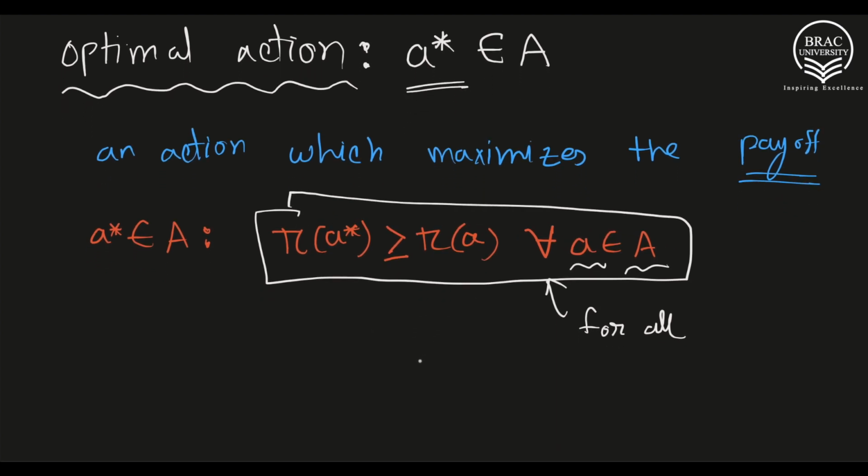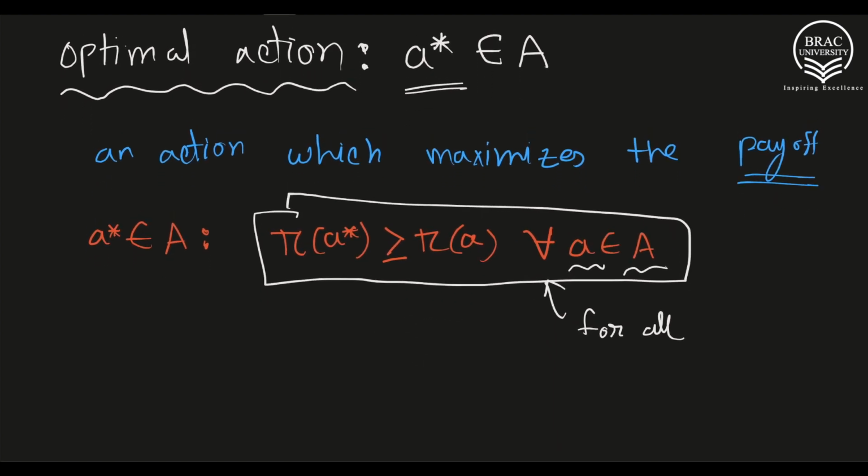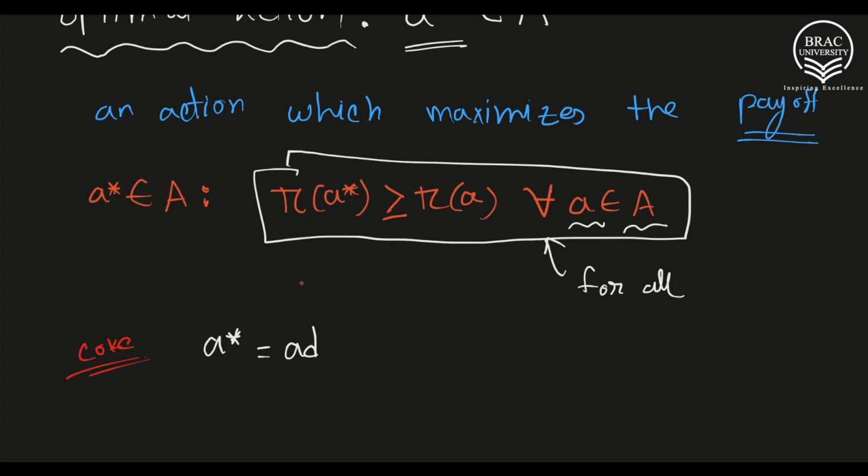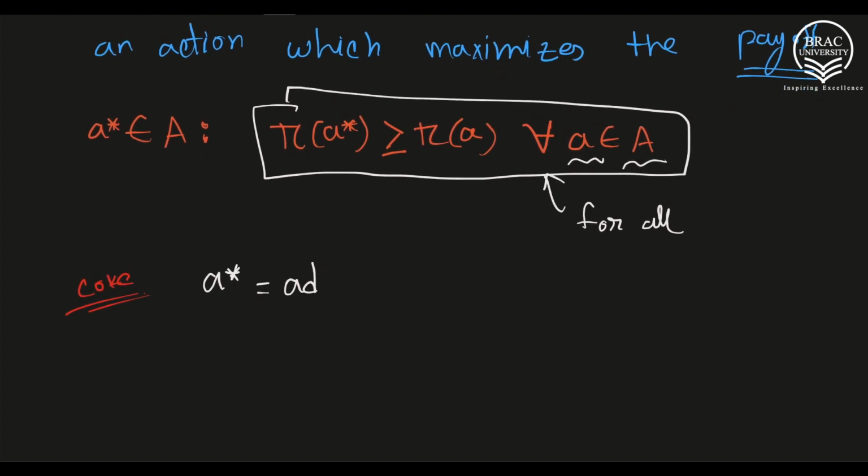So for example, in the case of Coke Pepsi, we saw that the optimal action for both Coke and Pepsi was to advertise. And if you remember from the Big Monkey Little Monkey game, in that case for Big Monkey, the optimal action was to wait.